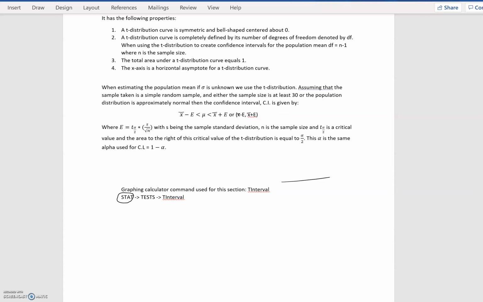That is this t sub alpha over 2. It is a value where the area to the right of that critical value is equal to alpha over 2. And this is a picture of a t-distribution.